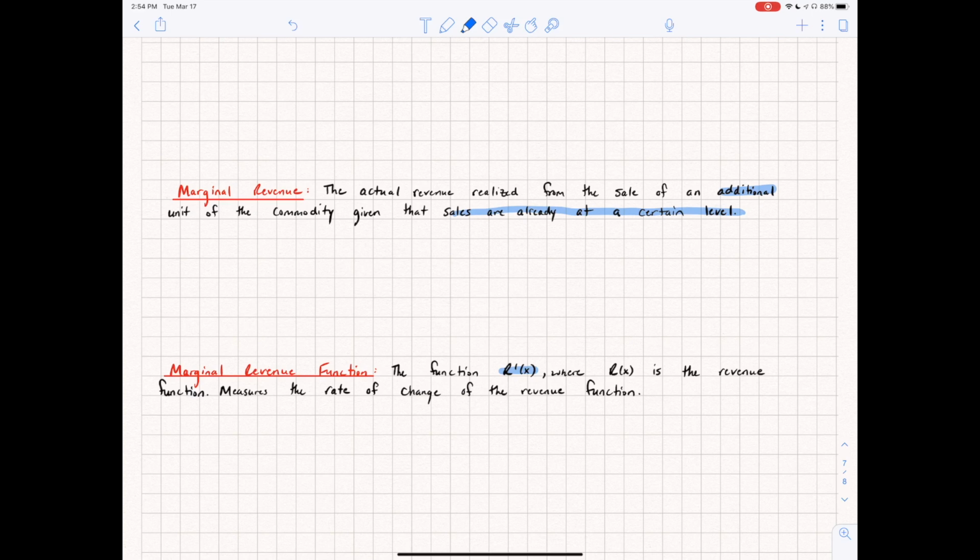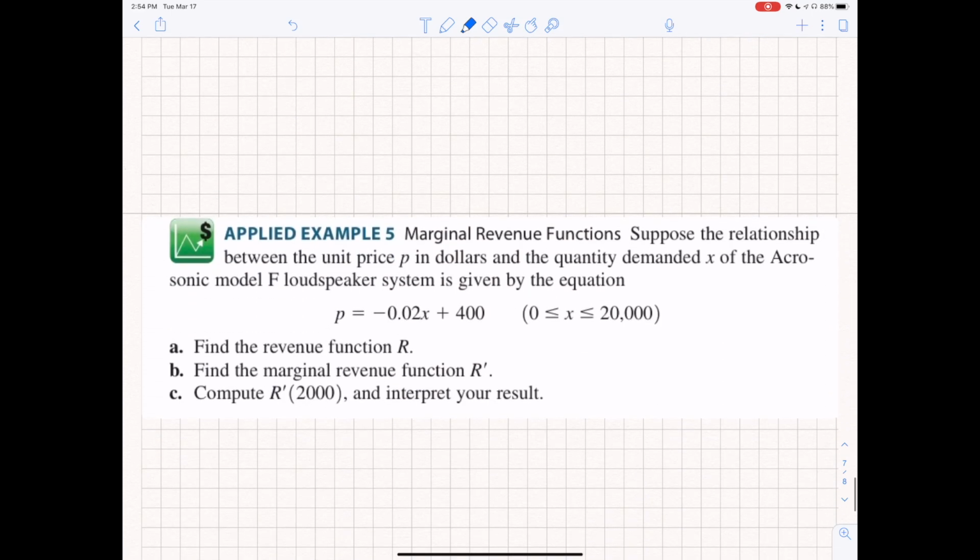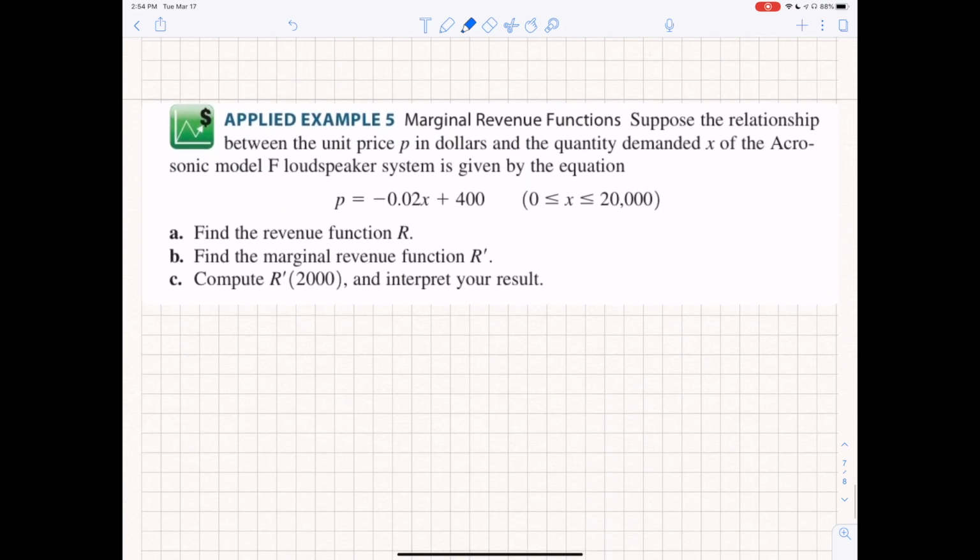And so here's an example. This is applied example number 5 that deals with the marginal revenue function. Suppose the relationship between the unit price P in dollars and the quantity demanded X of the Acrosonic Model F loudspeaker system is given by the equation P is equal to negative 0.02X plus 400, for X from 0 to 20,000.